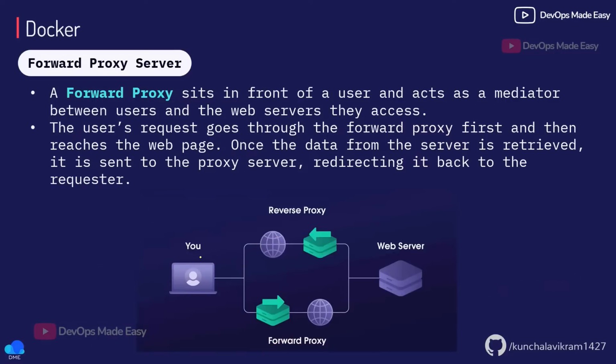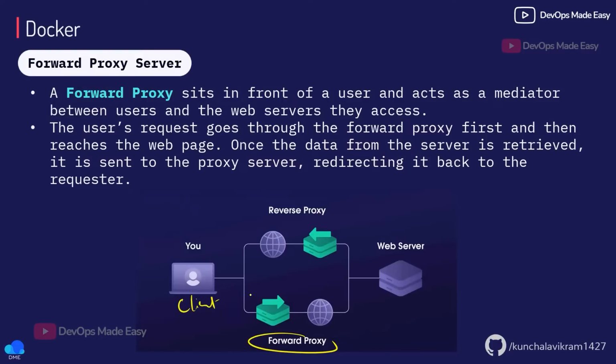In the case of reverse proxy, you are directly talking to the reverse proxy instead of the servers, which means this reverse proxy is intercepting the server's traffic. In the case of forward proxy, your forward proxy is intercepting the client traffic.